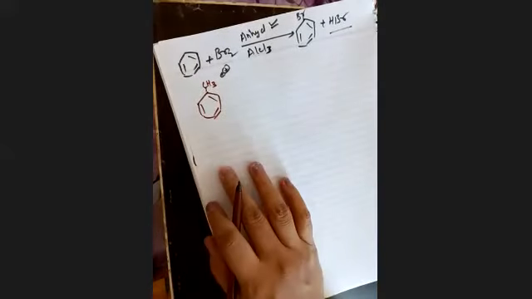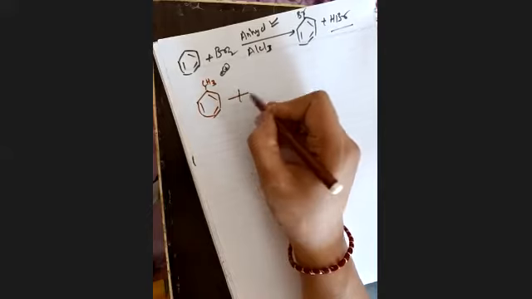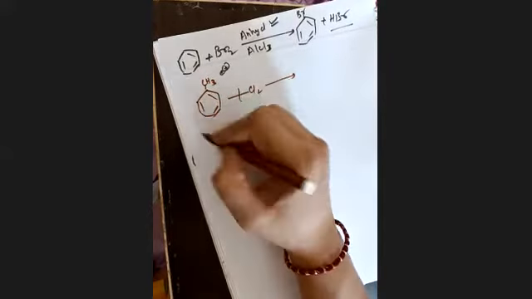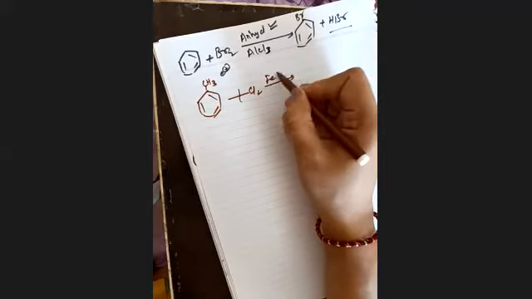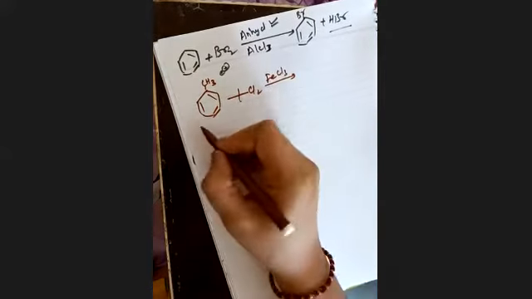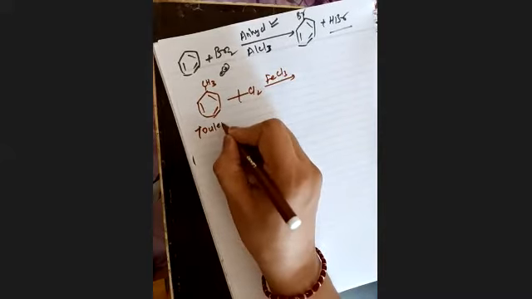What is this? Beta, what is this entire compound known as? You can speak. This is toluene. Methyl group plus benzene ring, they combinedly form toluene.